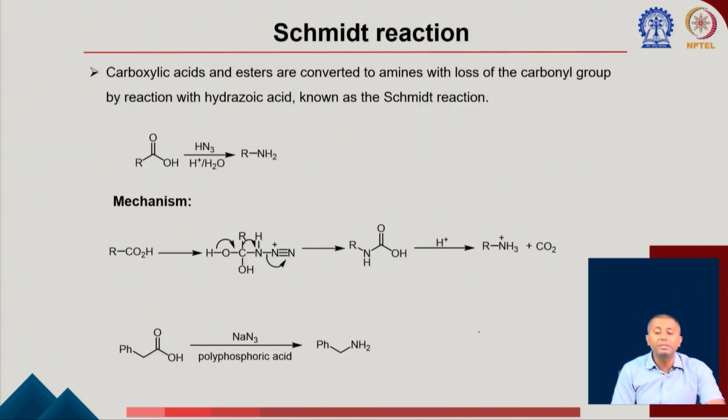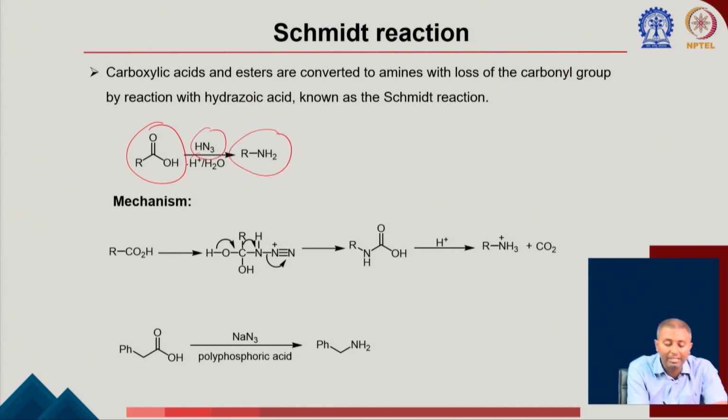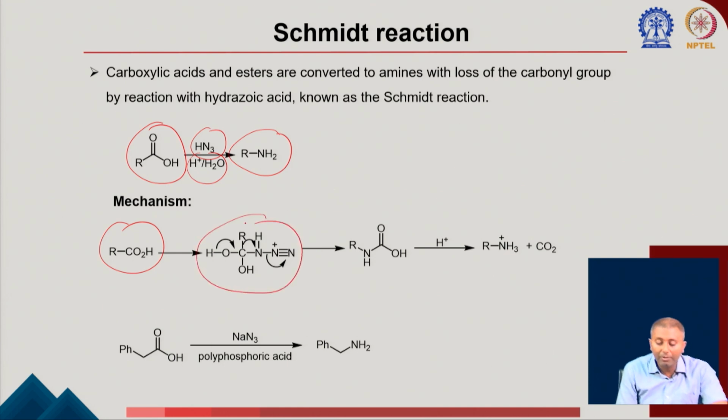I am going to move to the Schmidt reaction here. The Schmidt reaction is another important reaction. Starting from the carboxylic acid, using hydrazoic acid, it can convert to the corresponding amine in the presence of acid and water. Now we are going to try to learn what is happening here. Once the hydrazoic acid reacts with the carboxylic acid, it first forms this species.